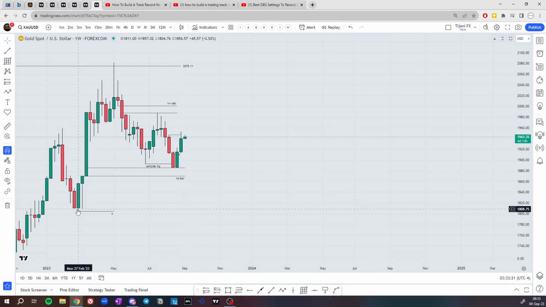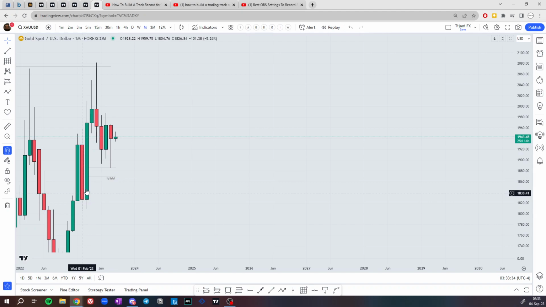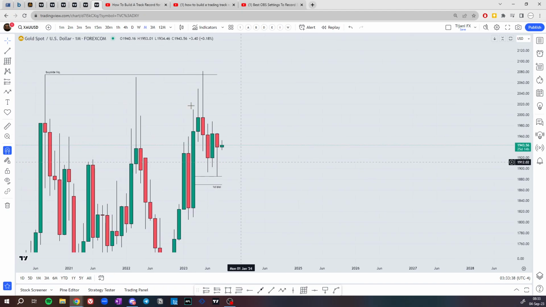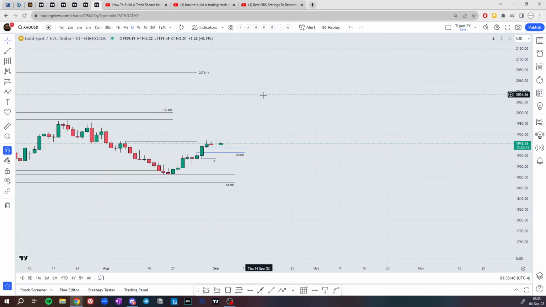However, we are at a monthly level. Price is reacting from a monthly level. I'm expecting bullishness from the monthly level, right? So what is the monthly level? It is the monthly order block right here, after taking sell side liquidity below this low, and the monthly has closed as a bullish contraction candle, right?